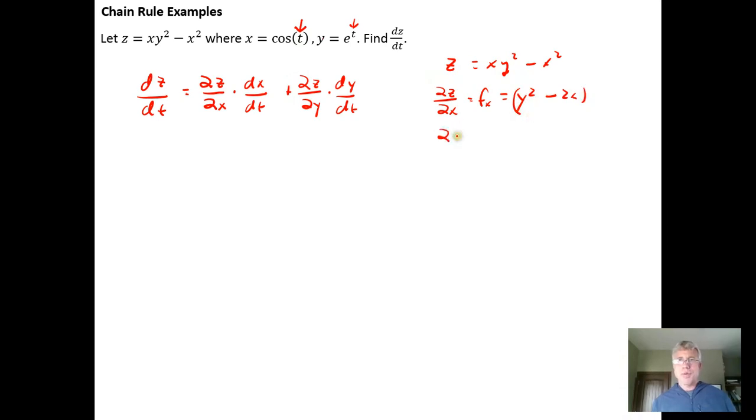And then we could calculate partial z partial y, which we can also denote as f sub y.